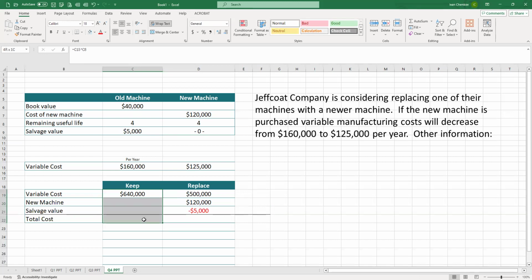My total cost here is 640,000. Here my total cost will be 650. What should I do? Keep it or replace it? Replace it. How much am I going to save?